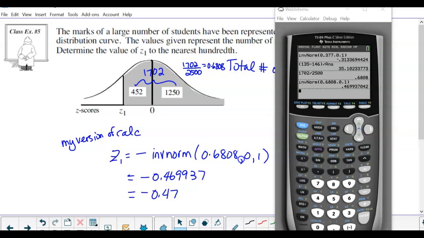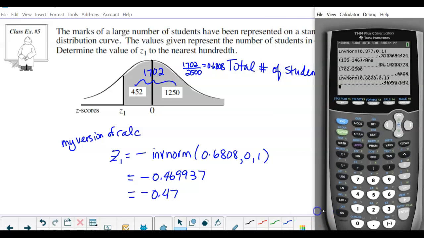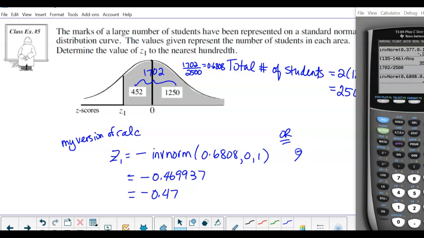That works if you have my version or older versions as well. Alternatively, for the newer version of the calculator, I could do Z1 equals inverse norm.